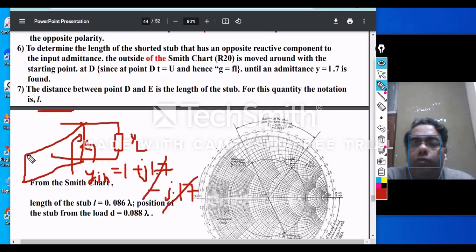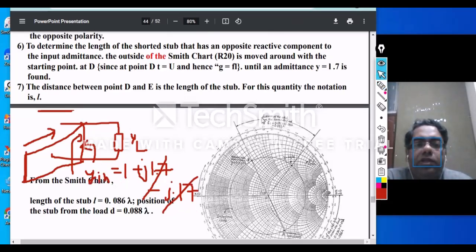So how to proceed? We will start from the short point and travel the distance, that length, so that the admittance is minus j1.7. How will we accomplish this?